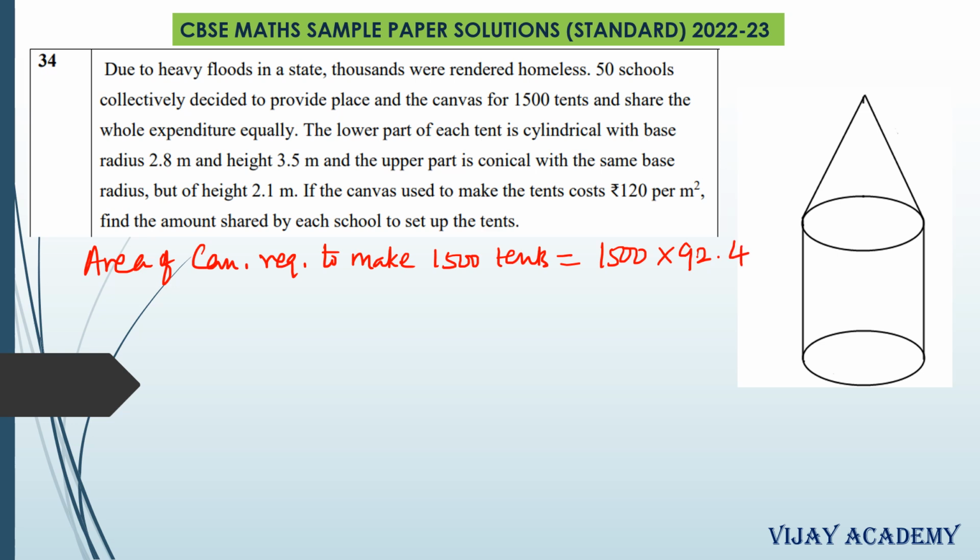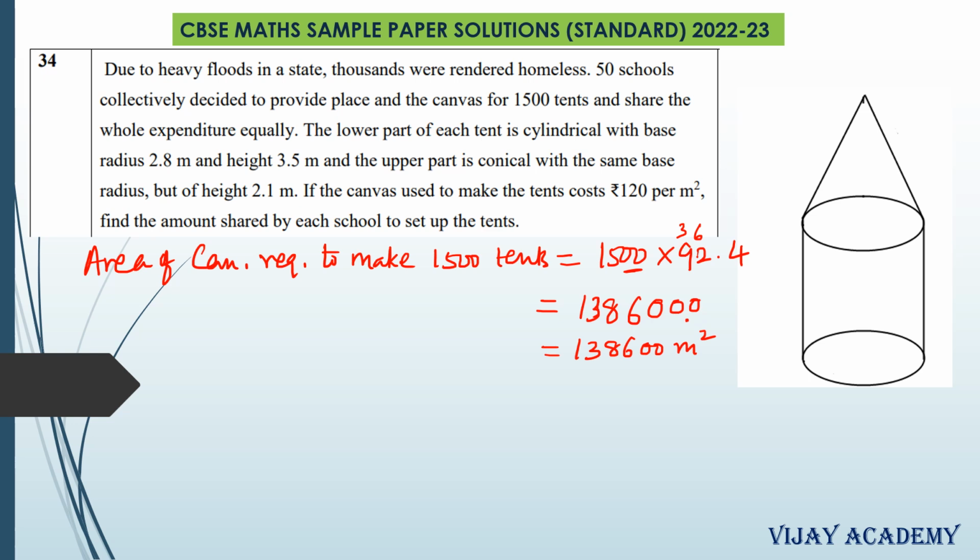So to multiply this, let me put these two zeros directly over here and then multiply the remaining part with 15. 15 fours are 60, so 0, 6 carry. 15 twos are 30 plus 6, 36. Then 3 carry. Then 15 nines are 135 plus 3, 138. And leave one place and put the point. So which is equal to 138,600 meters square is the area of the canvas required to make 1500 tents.